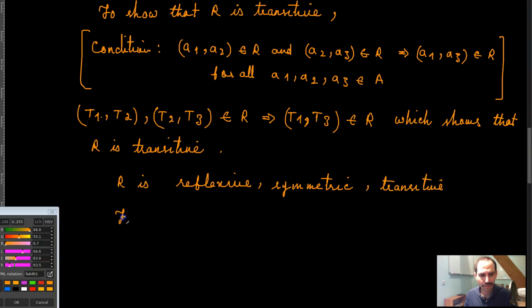And therefore R is called an equivalence relation.